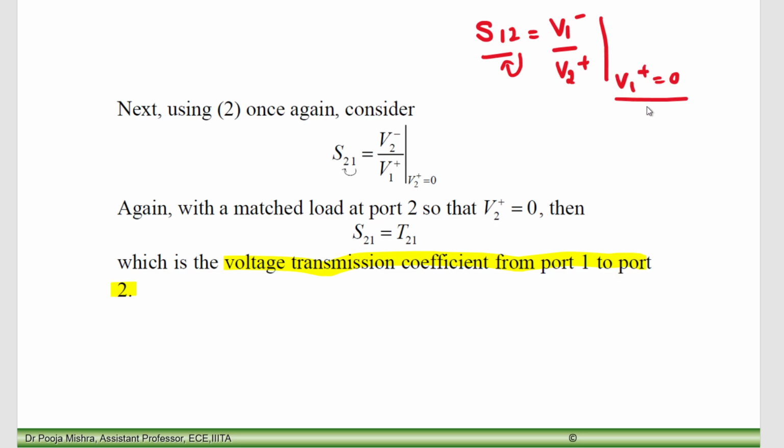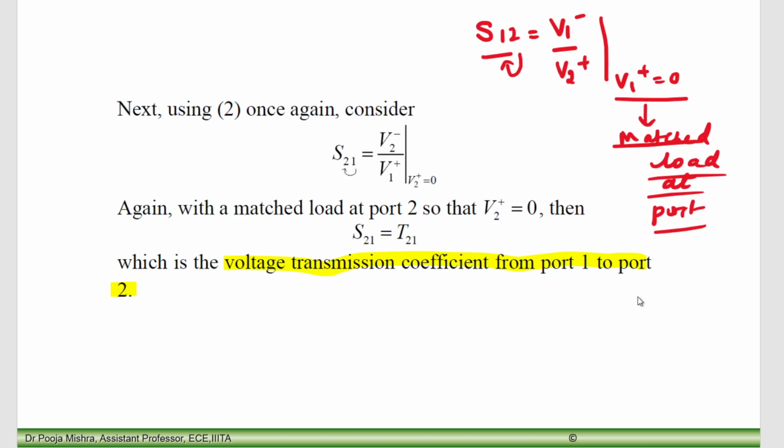V1 plus means there is a matched load at port 1. Please remember this thing. I may ask this in your quiz or something. V1 plus equal to 0 means matched load at the port.